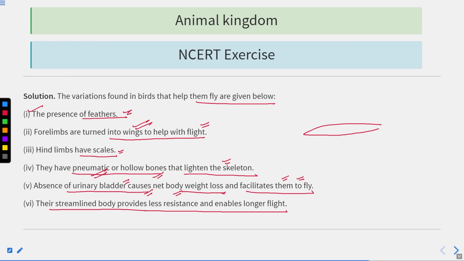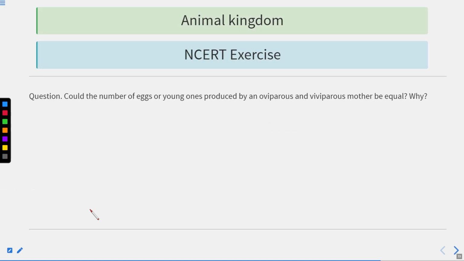They also have a streamlined body because they can cut the water current. In the same way, birds also have a streamlined body, and that helps them cut the air current with minimum resistance. They face minimum resistance because of this streamlined body, so it helps them to fly.